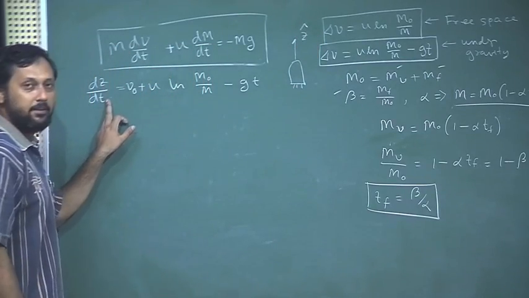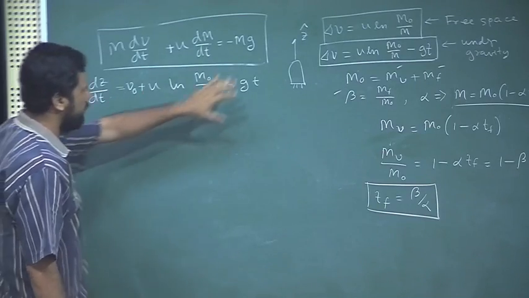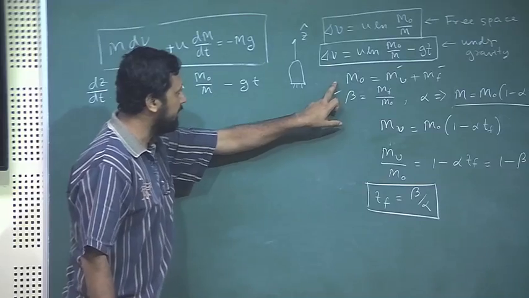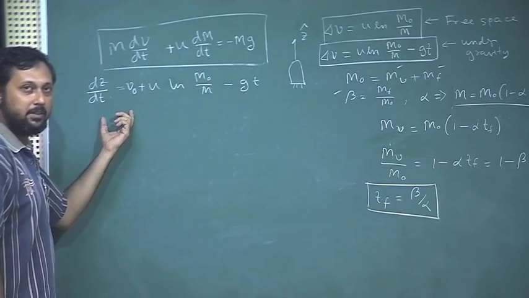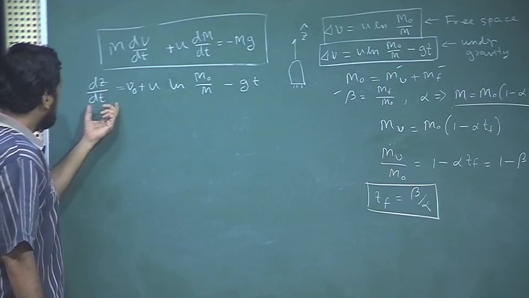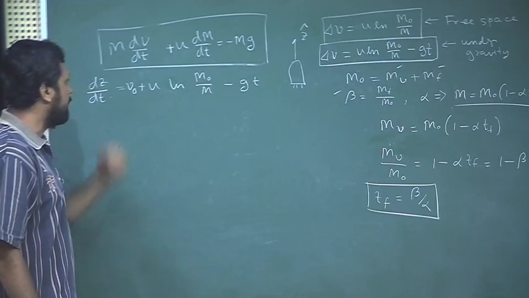V is written as dz dt. So, so far we have calculated the velocity change, and now we want an expression for the total distance covered by the rocket under the influence of gravity.